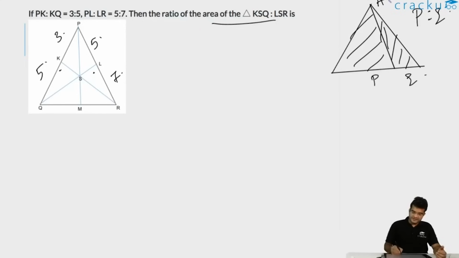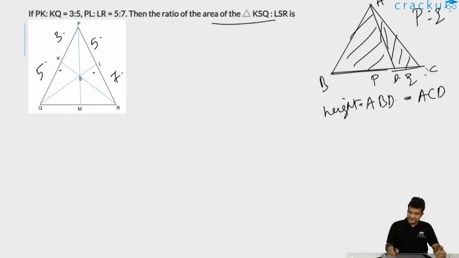Because if the points are A, B, C and D, the height of triangle ABD and the height of triangle ACD are the same, since the third vertex is the same. The perpendicular height from the base to the third vertex will always be the same.